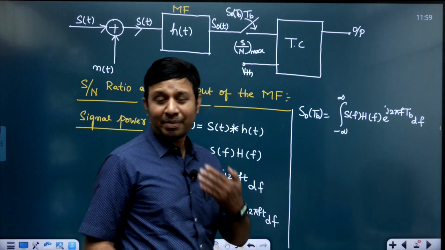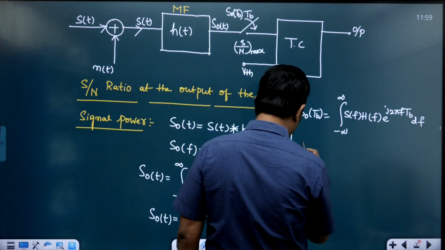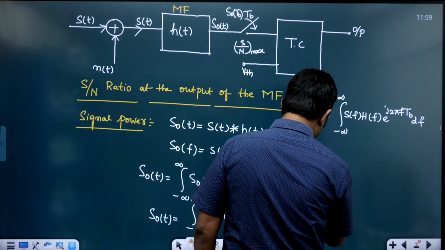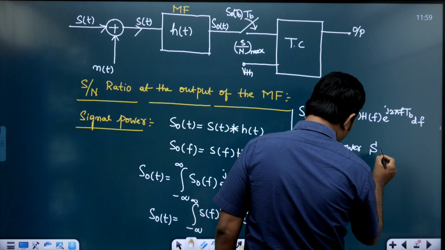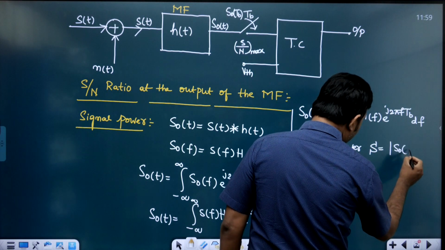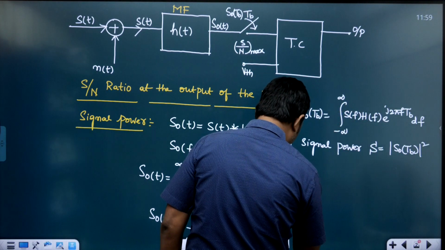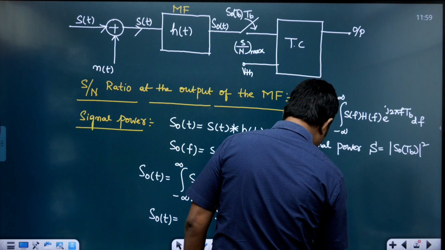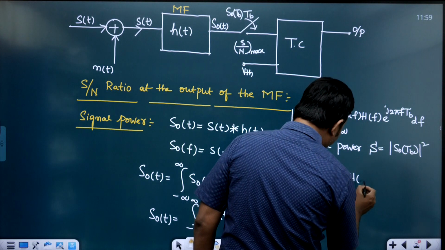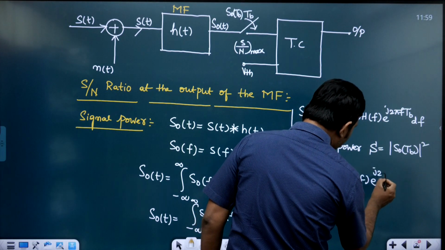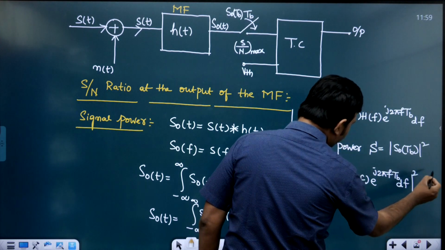So suppose if you have a DC signal, power means what? DC square. So here I can write signal power, if I denote it by capital S, is nothing but magnitude of S naught of tb whole square. Means capital S is equal to magnitude of integral minus infinity to infinity S of f into h of f into e power j 2 pi f tb df whole square.